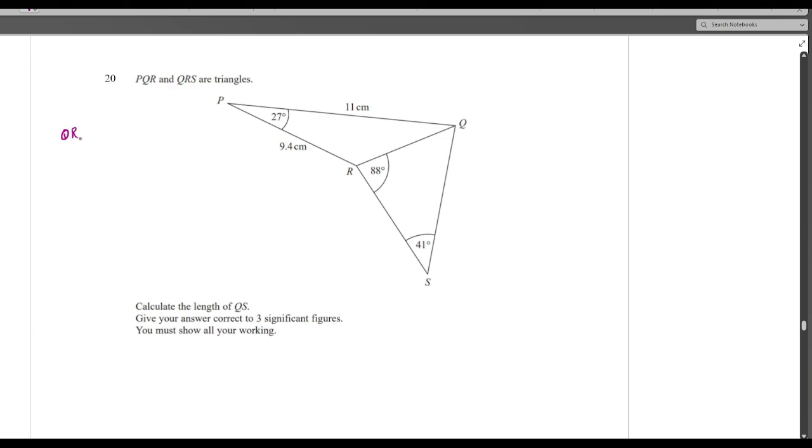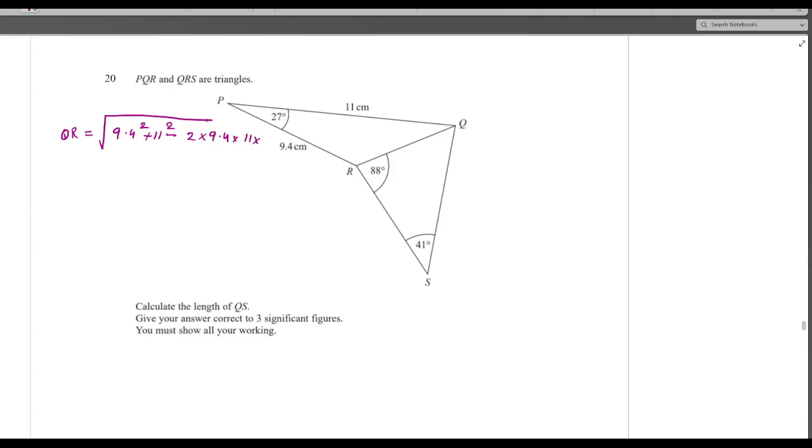So your length QR, you are using the cosine rule. So your QR is equal to the square root of 9.4 square plus 11 square minus 2 times 9.4 times 11 times cos of 27.